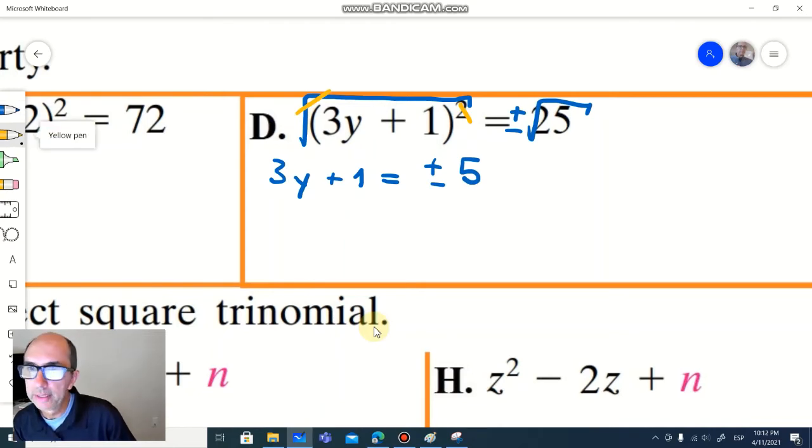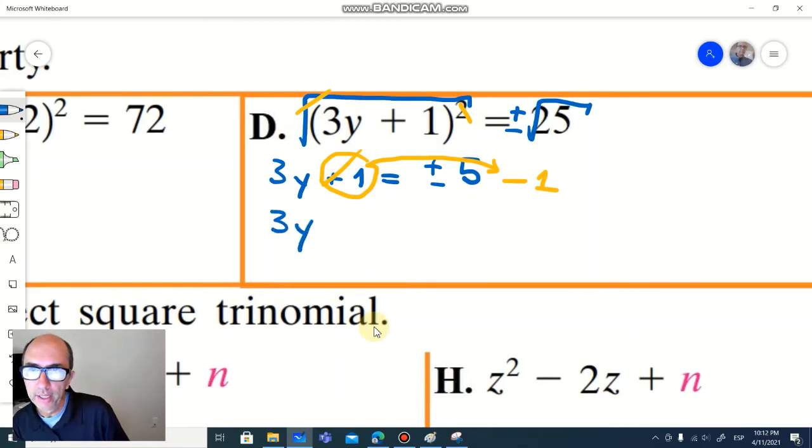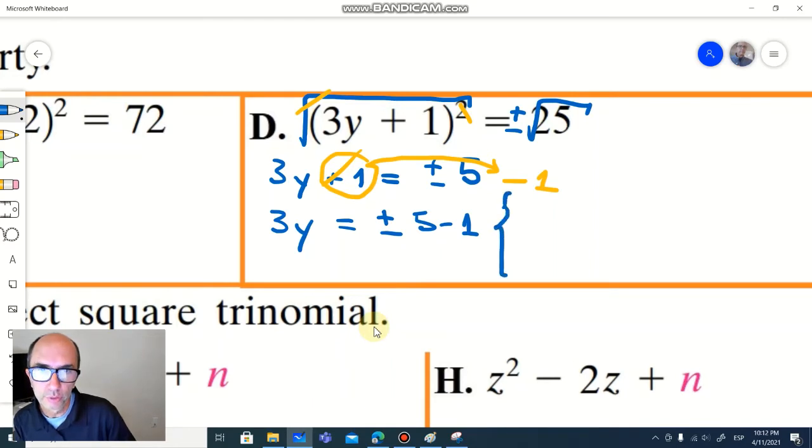You can move this positive 1 to the other side and it becomes a negative 1. And then we have 3y equals positive or negative 5 minus 1. We will have two different solutions, right?